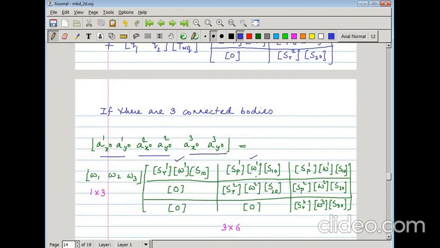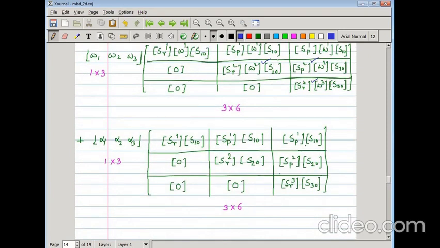See, this is the normal acceleration of P1, this is the normal acceleration of P2 with respect to P1, and this is the normal acceleration of G3 with respect to P2, and this is the tangential acceleration of P1, this is the tangential acceleration of P2 with respect to P1, and this is the tangential acceleration of P3 with respect to P2.